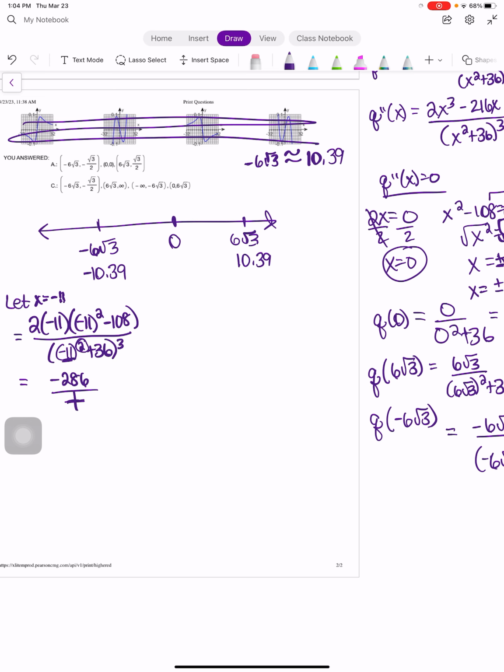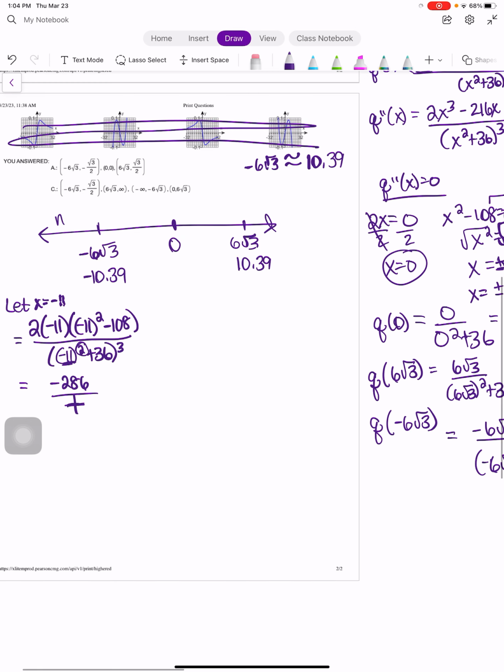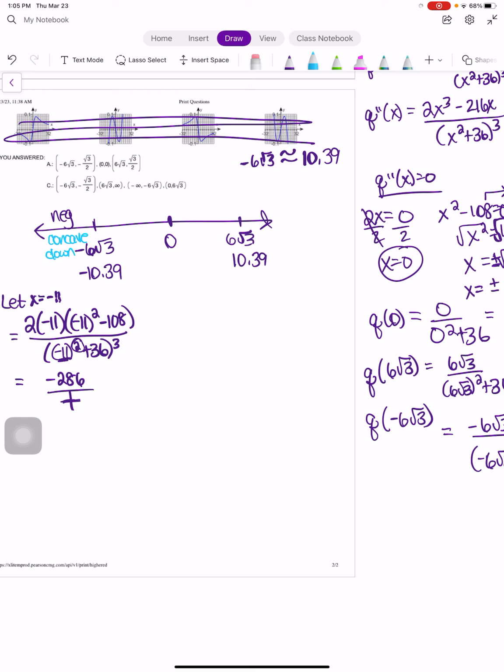So a negative divided by a positive is negative. And what that means in relation to concavity is that at that interval, we are concave down.